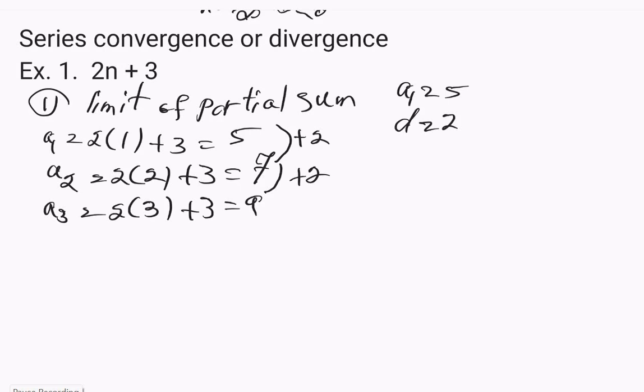So we have to see what the partial sum is. The partial sum S sub n equals a sub 1 plus a sub n, divided by 2, times n.